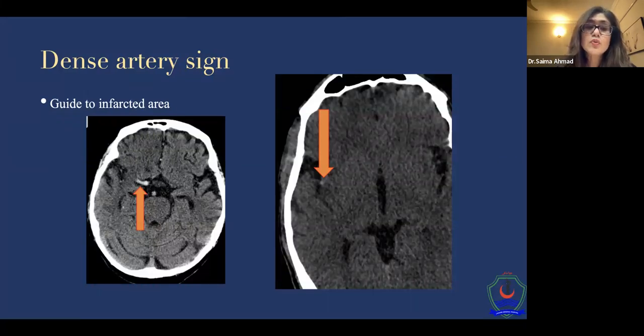After 6 hours, as more fibrin goes into the clot, it's very difficult to pick up. Also, we cannot pick it up easily at 3 to 5 mm slice thickness; we usually pick it up when the slice thickness is 1 mm. And then there is distal vessel occlusion, in which you can see the dot sign.